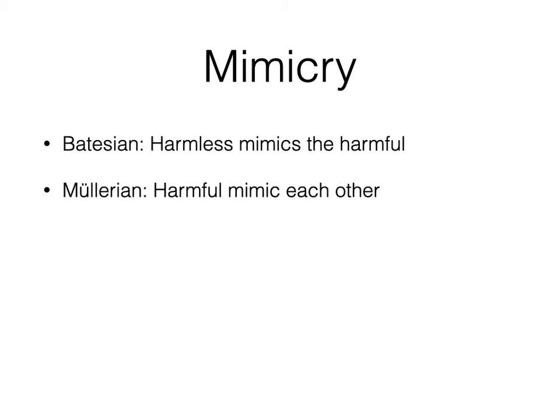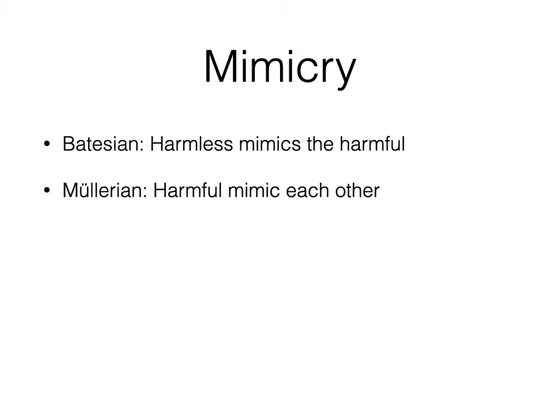The other type is Mullerian mimicry, named after Muller, who coined this type of mimicry. This is where harmful mimics mimic each other. Evolutionarily speaking, this doesn't actually happen in the way that I'm about to describe it.